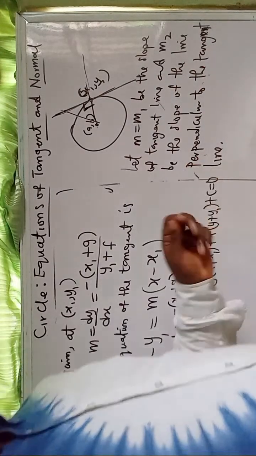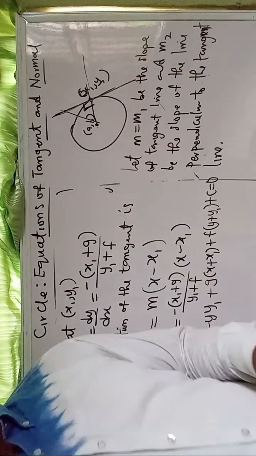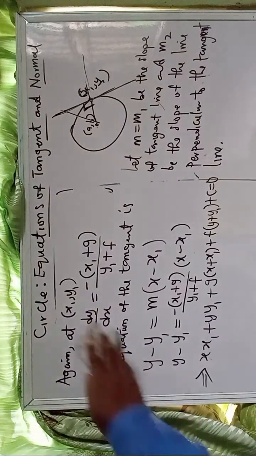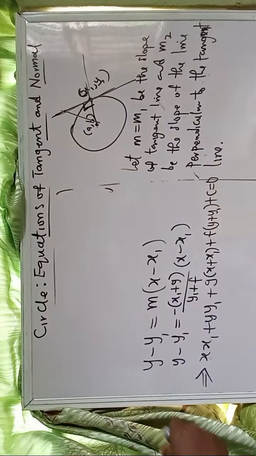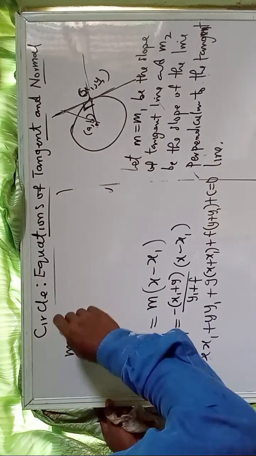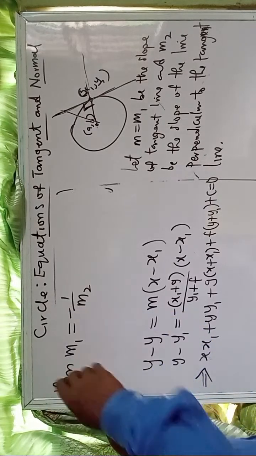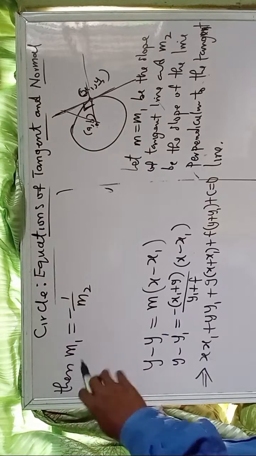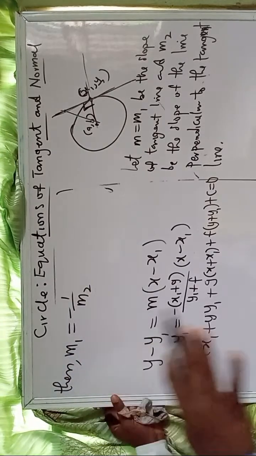Since this line and this line are perpendicular, we have already shown that m1 will be equal to the negative of this. So we make a conclusion like this, and this m1 in this case will be equal to this for the case of perpendicularity.